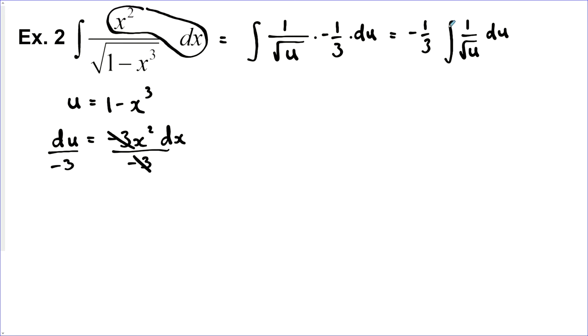And you can see that our integral here is in terms of u, and there's no more x's here. So we have our negative 1/3. The antiderivative of 1 over root u is root u, and if we had root u and we took the derivative, we would get a 1 over 2, and I don't see that, so I'll put a 2 here in front to cancel that out.